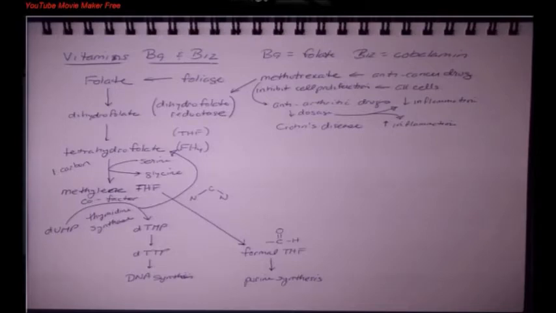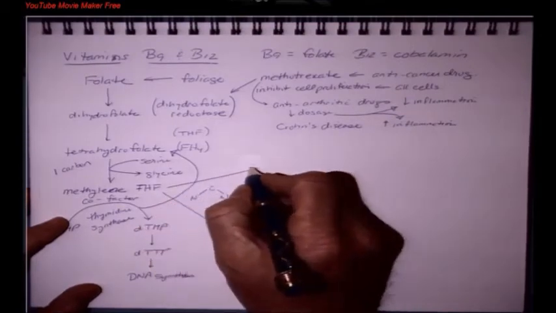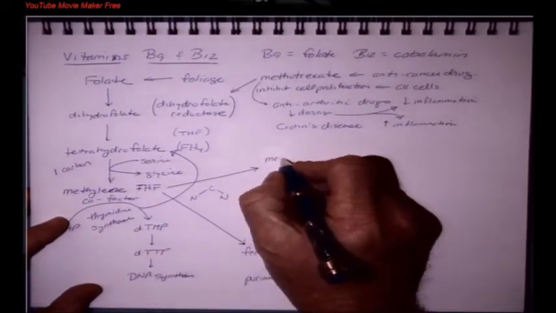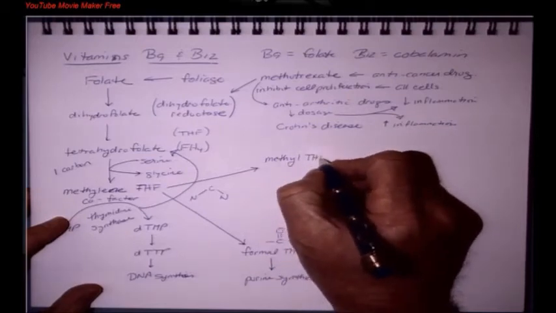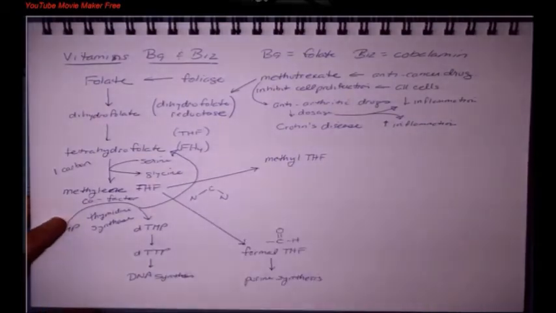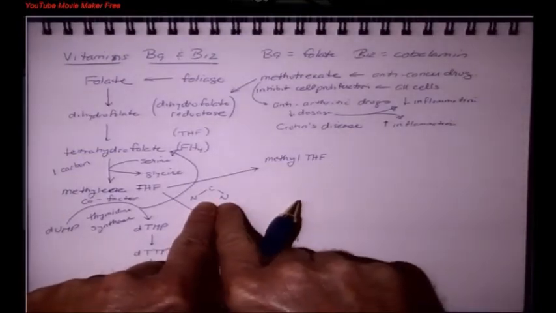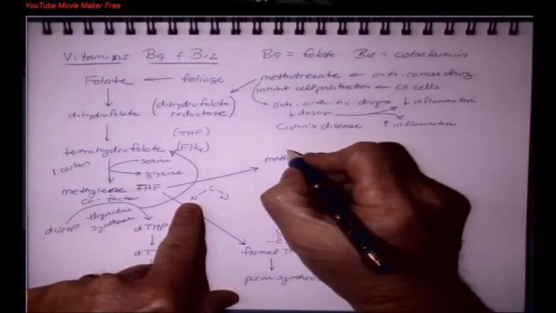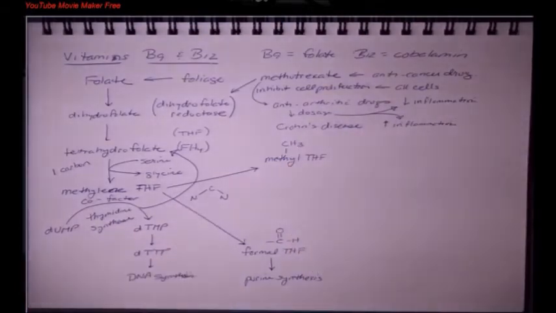Now, the other direction it can go, the methylene tetrahydrofolate can form a methyl tetrahydrofolate. And this is simply taking this single carbon bound to two nitrogens, and we're going to convert it into a methyl group. Now, here's where we get into problems.